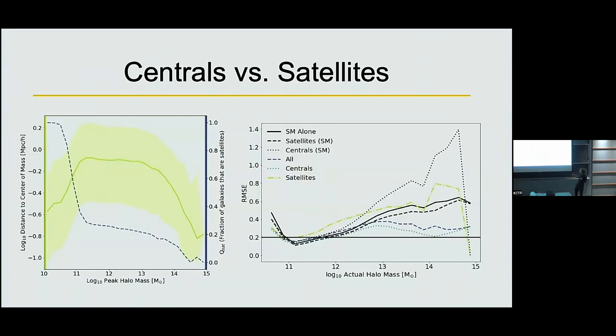So light blue is centrals, this dashed is all of them, and this green is satellites. You can see that our overall performance is much better for centrals, but that there is some prediction power for satellites. Oh, and just to clarify, the halo is that of the subhalo if it's a satellite? Yes, subhalos. Thanks.